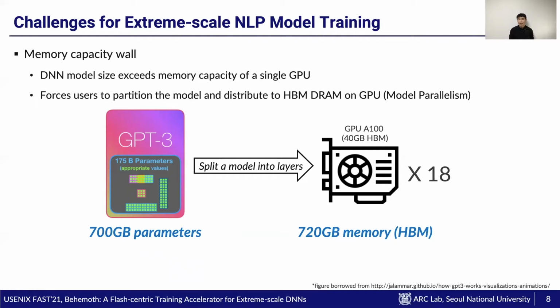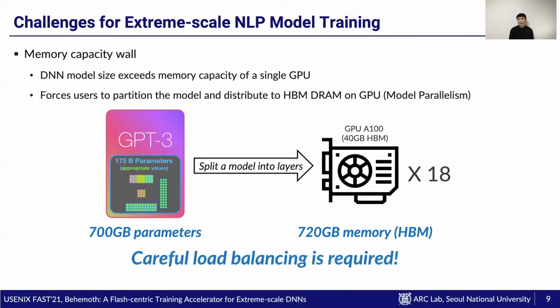For example, GPT-3 consumes 700 GB of memory just for weight, and thus at least 18 GPUs with 40 GB RAM are required to hold this model. However, model parallelism has inherent drawbacks, such as load imbalance among partitioned models due to non-uniform layer sizes.